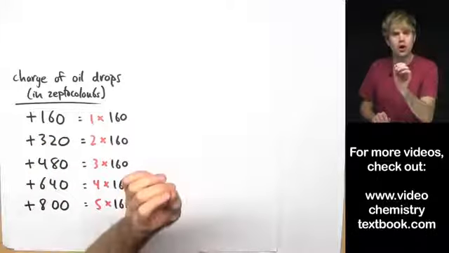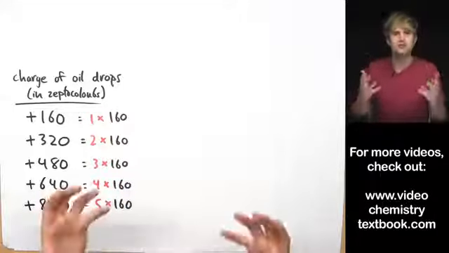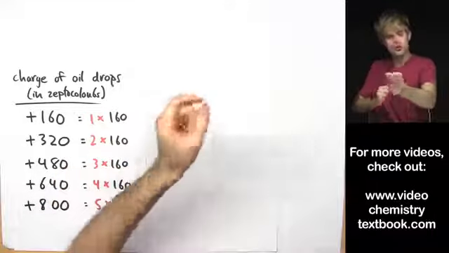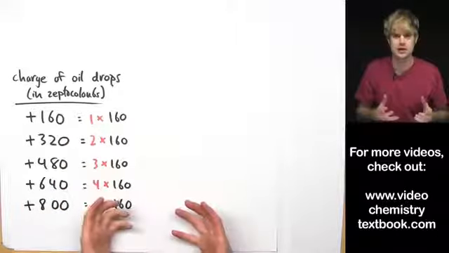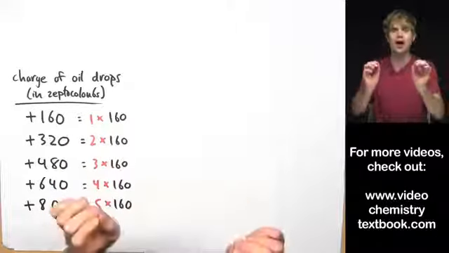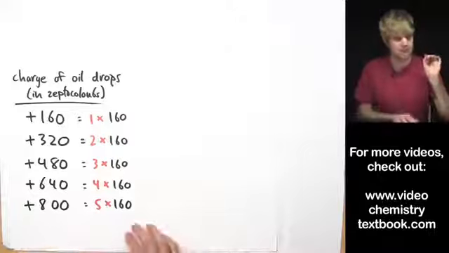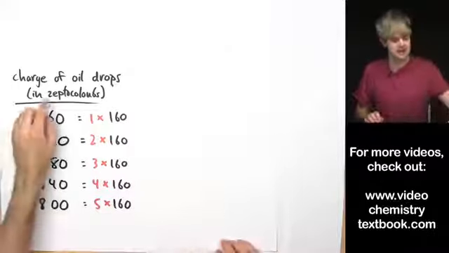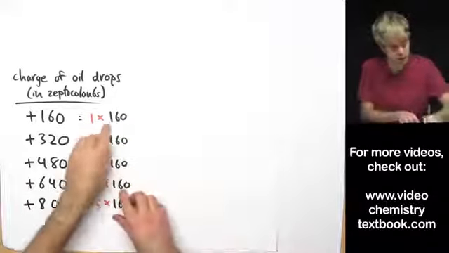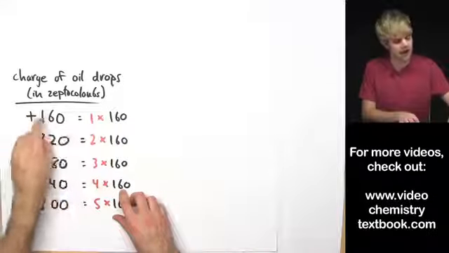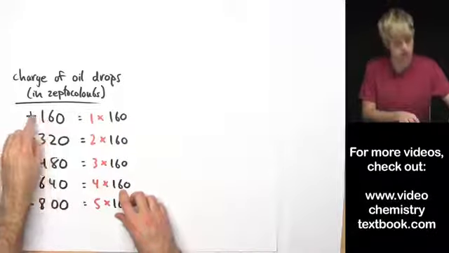And so they say, look, these drops of oil are losing charge in multiples of 160. So they think, aha, each electron must have 160 zeptocoulombs of charge. Because if you lose 1, you have 160 plus charge.